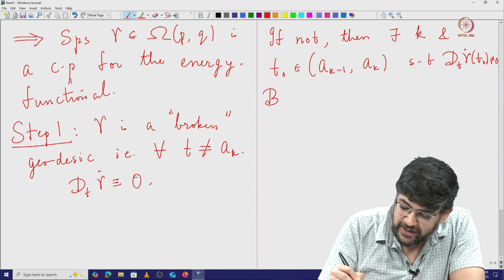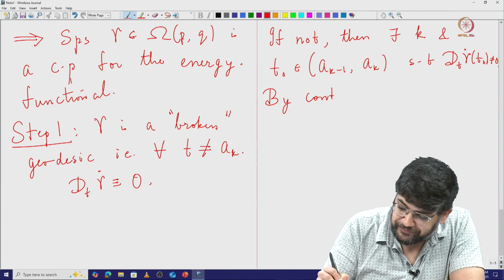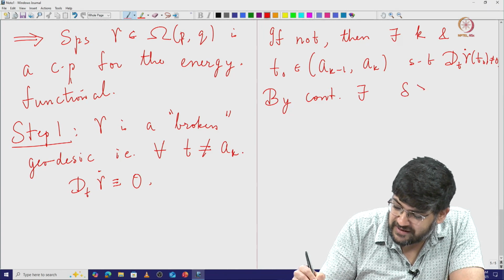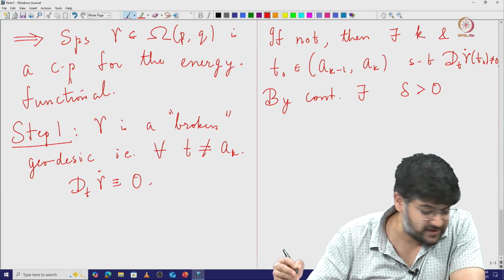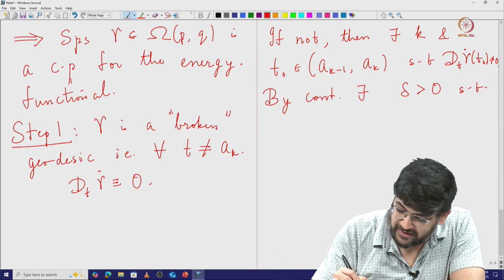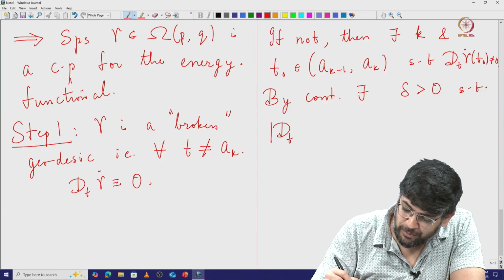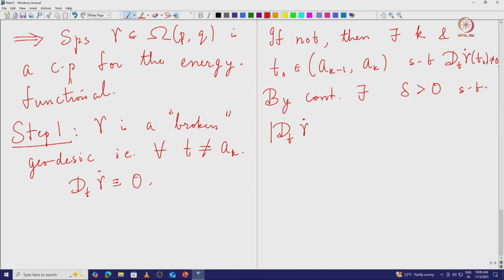So, by continuity there exists a delta positive such that if you take the norm of the intrinsic acceleration, this is never 0 on the entire interval, let us say t naught minus 2 delta and t naught plus 2 delta.